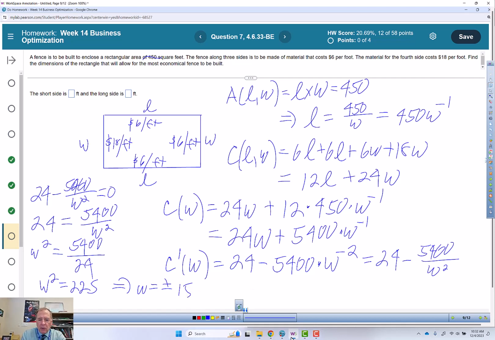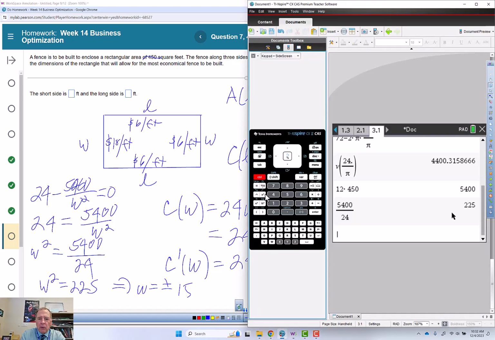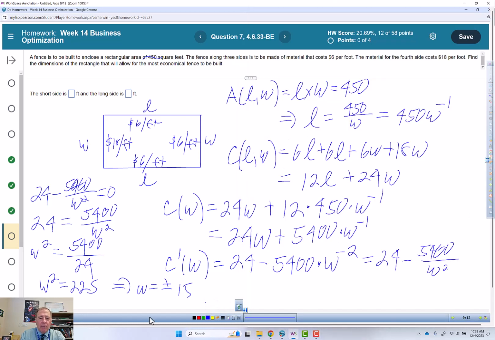And just to make sure, we'll take the square root of 225. So it is 15. So that means that the short side is 15 feet.